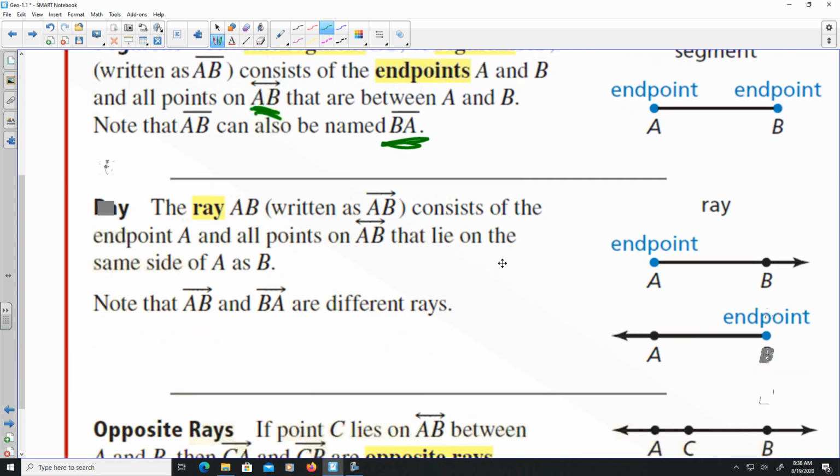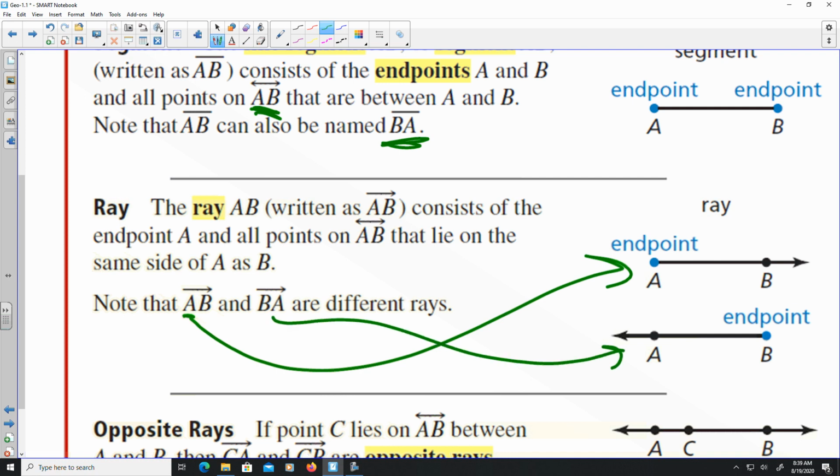A ray has a specific endpoint on one side, and then it goes on to infinity in one direction. You have to label rays correctly, where the first point is the endpoint. So ray AB would be with this drawing, and ray BA would line up with this drawing.